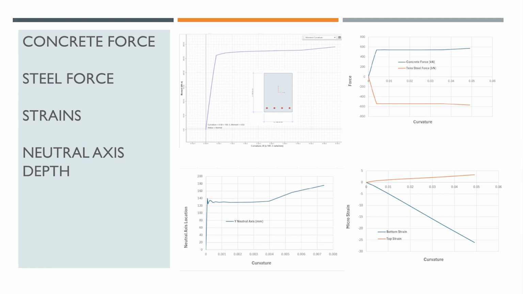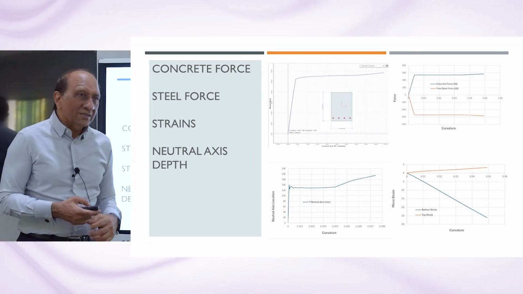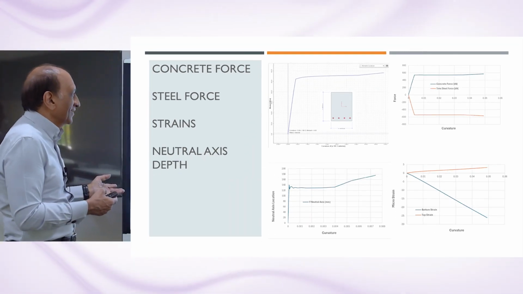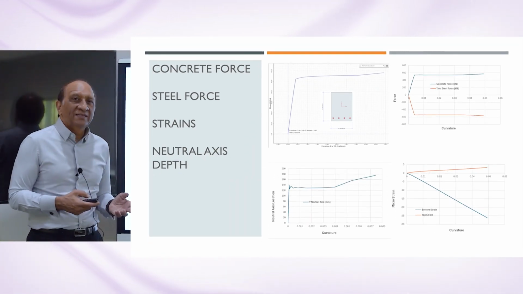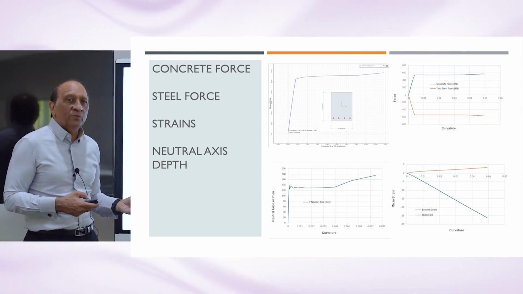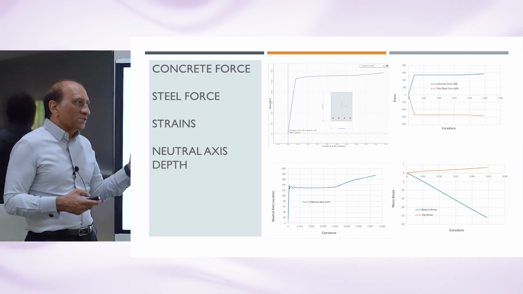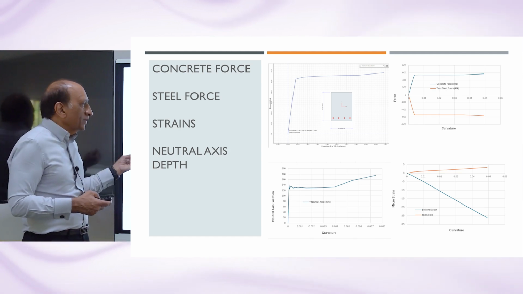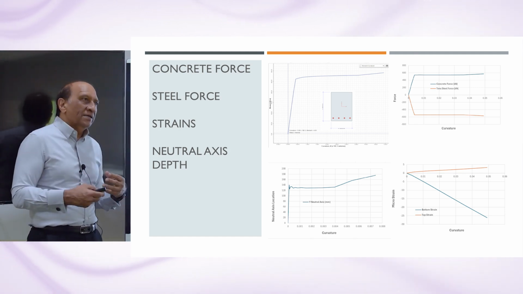This is the information that you can get on top of that. You can get concrete force, steel force, strain, neutral axis depth, all along the variation of the strain. This is a lot of information, as you can see here. Probably you won't need that in a traditional design, but for evaluation, all of this information can be useful. And for seismic evaluation, you can now know the stress in each bar.